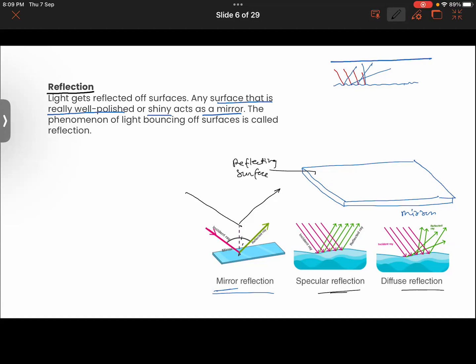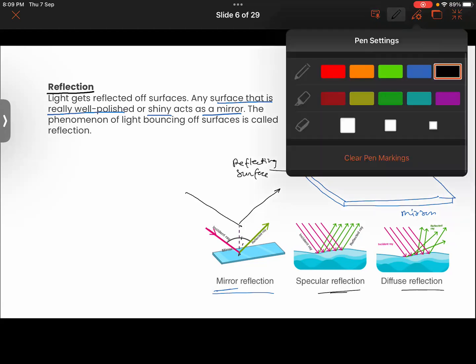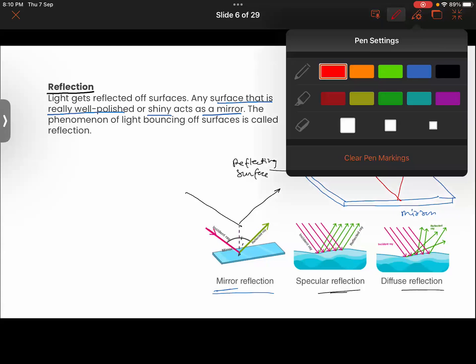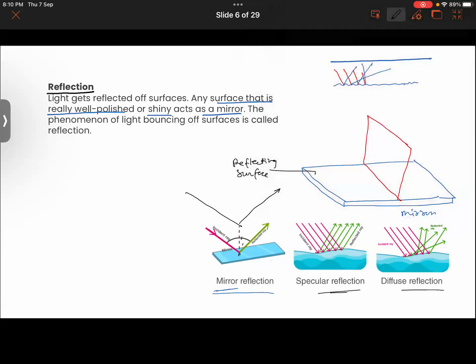Now, I am trying to explain it in a 3D diagram. Let's say that this is the incident ray coming on the surface, and this will be getting reflected also. This is your incident ray, and this is your reflected ray, guys.